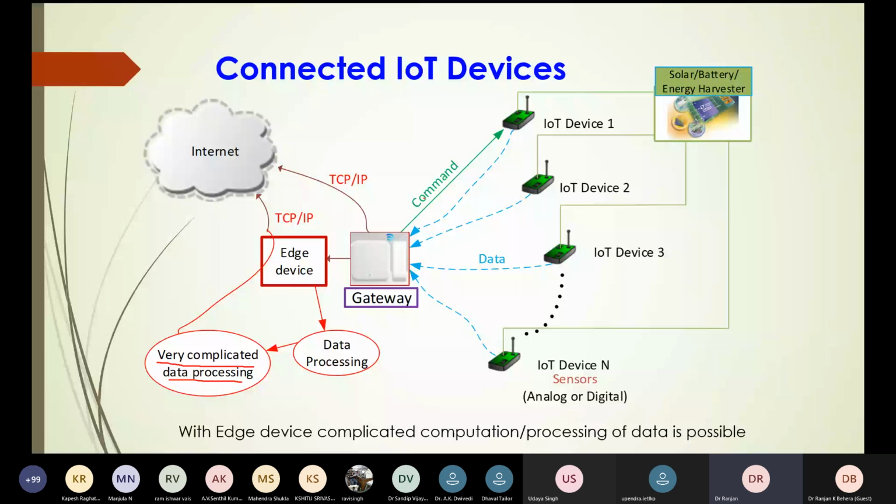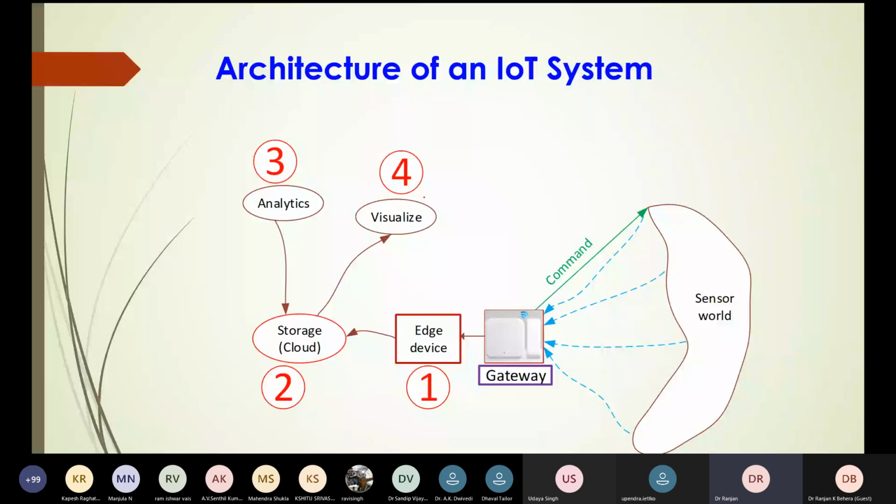For example, this is an architecture. First thing, we take data from the sensor world. For example, I am taking data from here. This is my data, which comes to this place. This is the sensor world. There are thousands of sensors connected here.